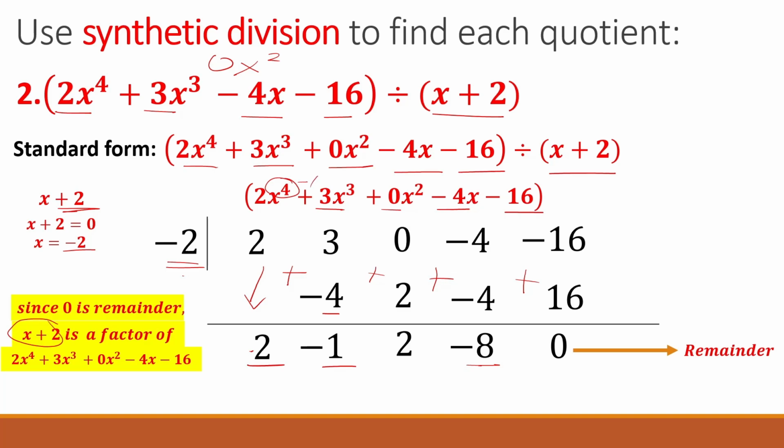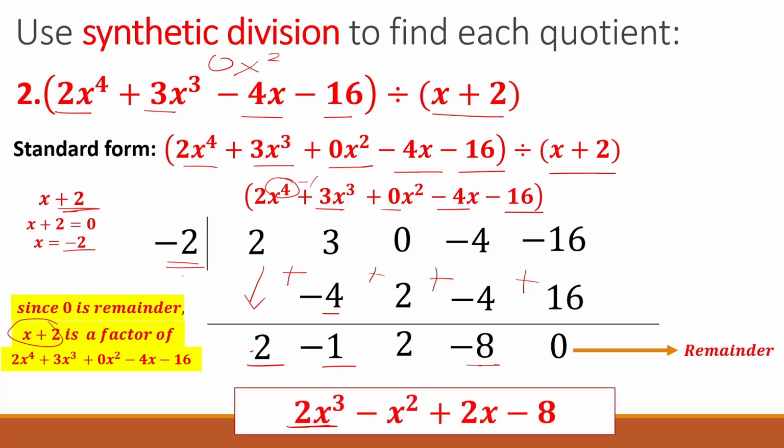So that is 2x raised to 3 minus x squared plus 2x minus 8. This is now our quotient.